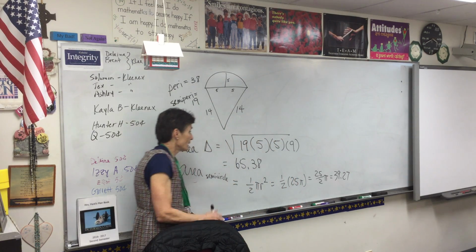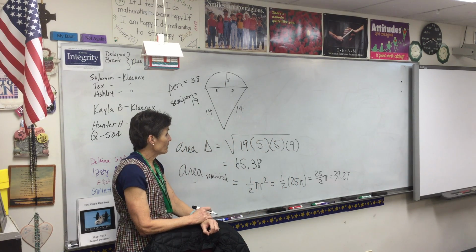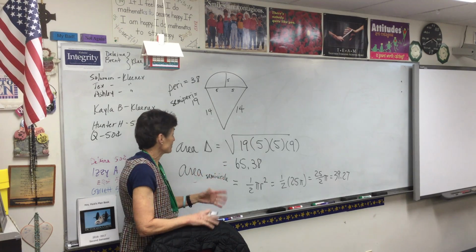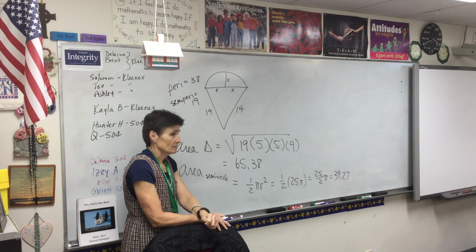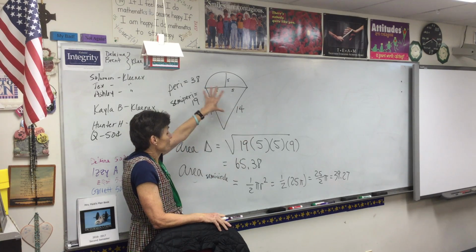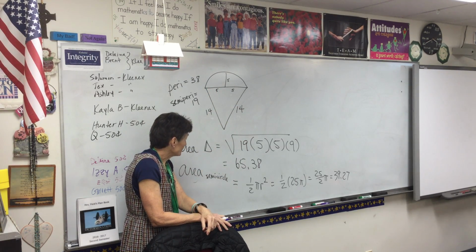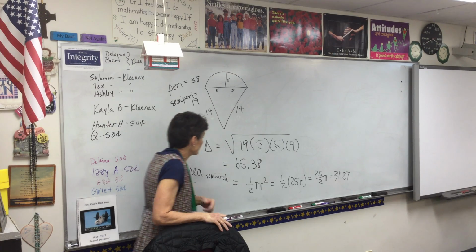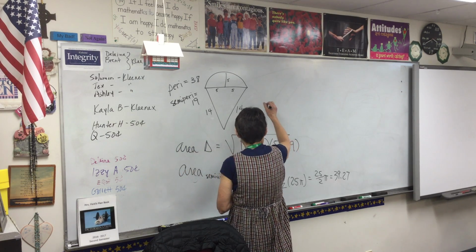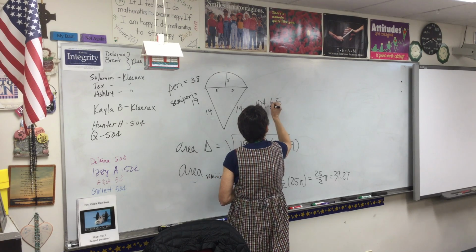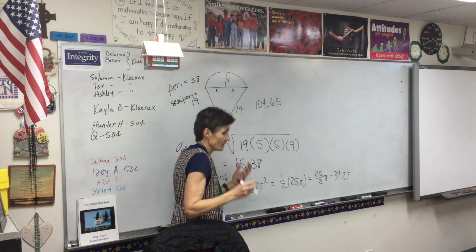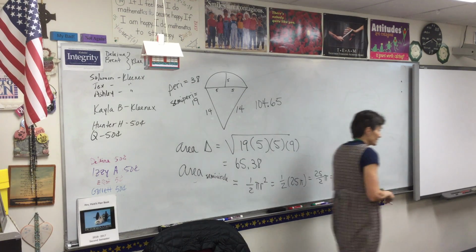Correct. And then, like the problem that we just did, the final answer is these two added together, because your job was to find the area of the whole shape. So what is that? 104.6445. 104.65? Yes. And then units if we have units.